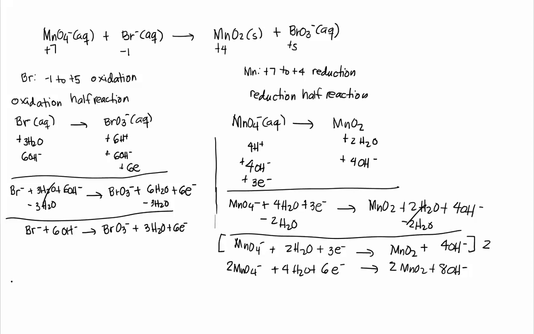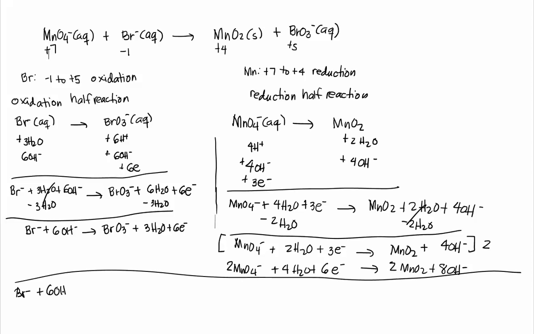Alright, so now we have to add all of the left terms and all of the right terms from both the oxidation and the reduction half reactions. So all left terms are Br minus plus 6 OH minus plus 2MnO4 minus plus 4H2O plus 6 electrons.